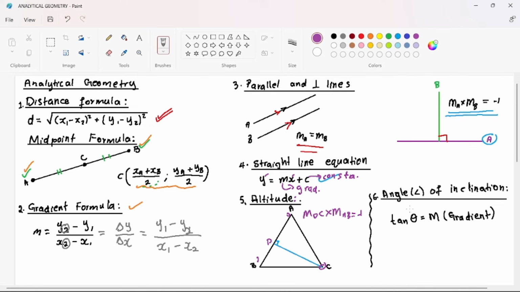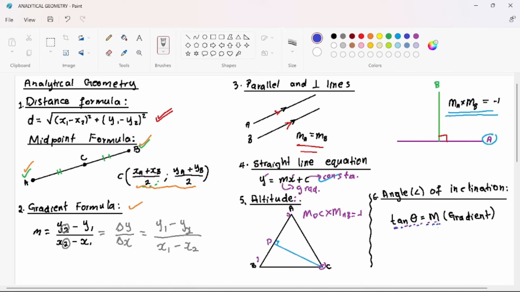Our last formula is known as the angle of inclination. How do you get the angle of inclination? Our formula is this one: tan theta is equal to our gradient, right, guys? In maths, you don't work on how you feel today. You work on what the rules of mathematics say.